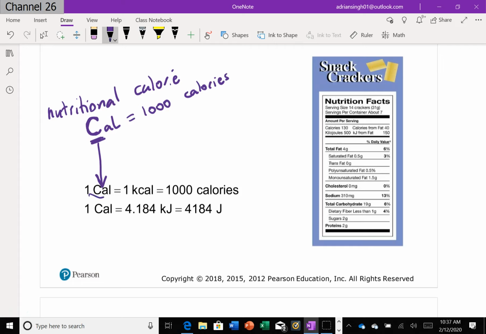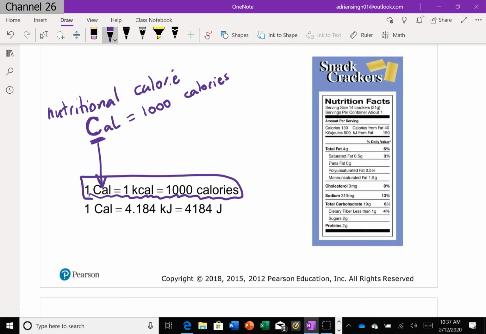All right, and that's where our relationship here comes from. So whenever you see calories being represented or talked about from a nutrition perspective, by default we are referring to the nutritional calorie, which is the big C calorie, and that's 1,000 of the regular calories. Right, so that's a kilocalorie.